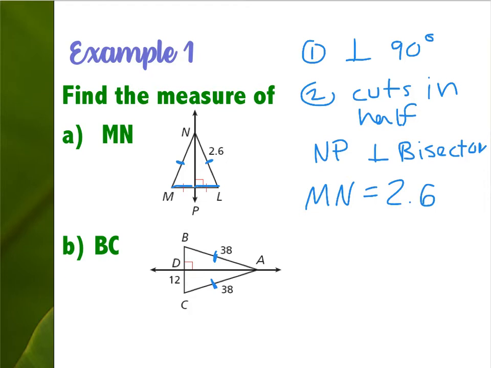And then we also know that it's cutting the segment BC in half. So if DC is 12, what is BD? 12. So BD is 12. And DC is 12. So then what's BC? The whole segment. Oh, 24. 24.